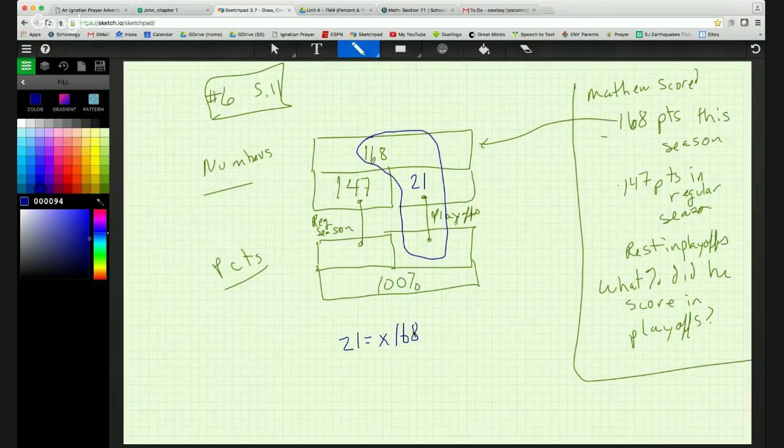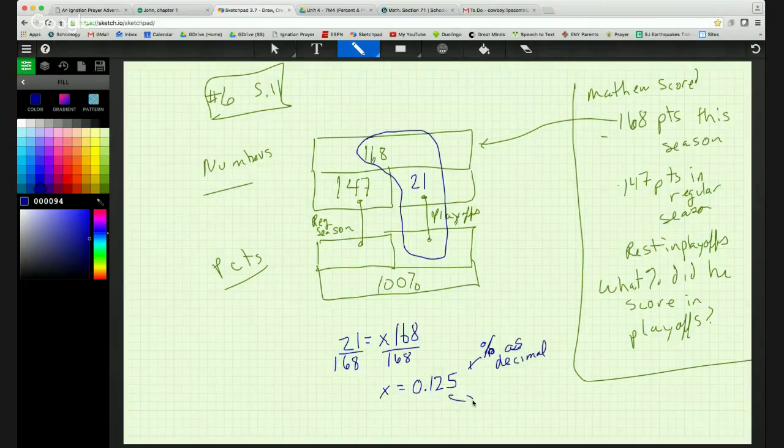So to solve for X, we've got to divide by 168 on both sides. 21 divided by 168 equals X equals 0.125. Now this is our percent as a decimal.